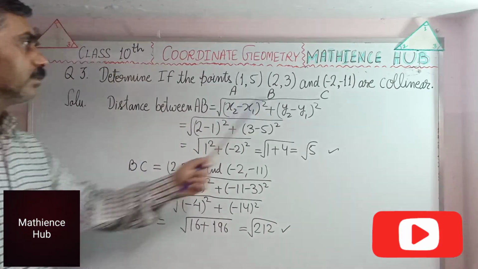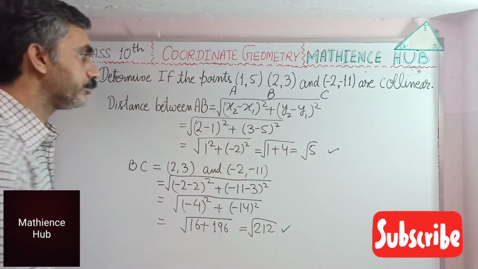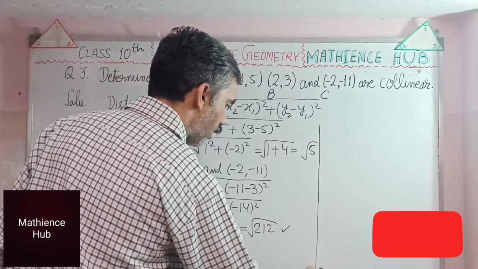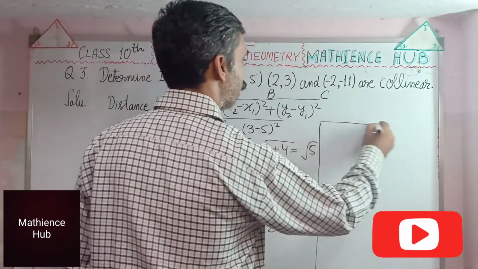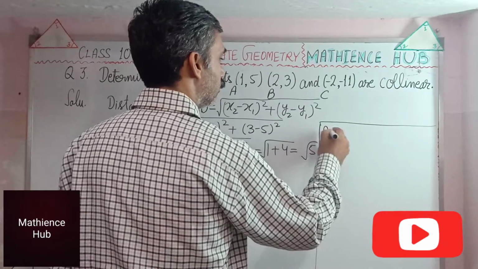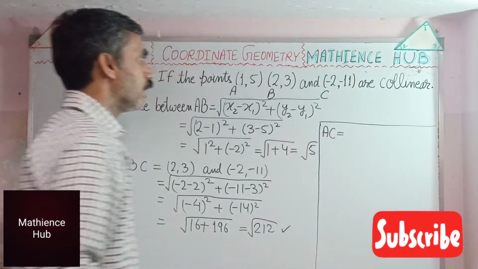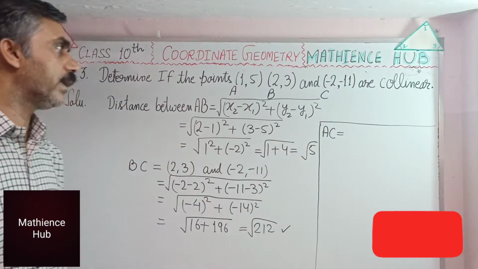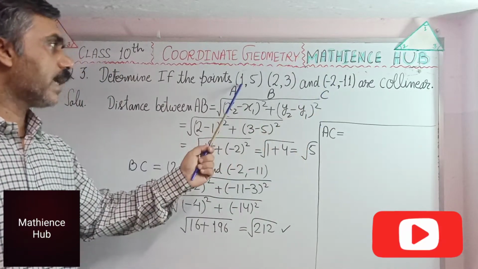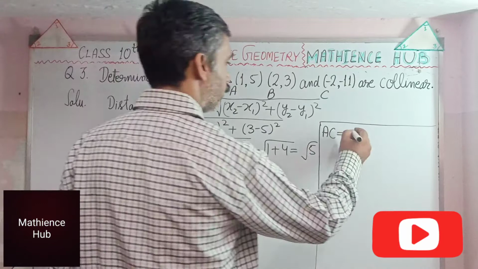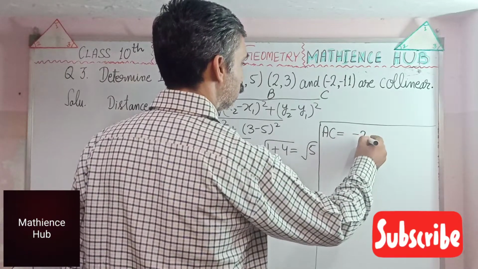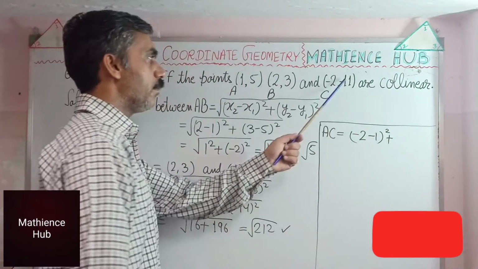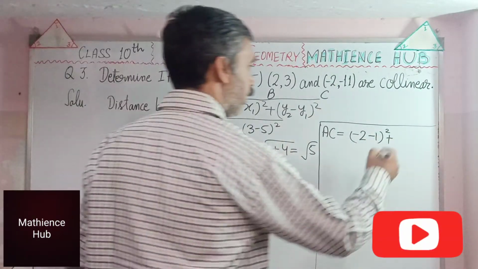And last, CA. Distance between CA or AC. A is (1, 5), C is (minus 2, minus 11). x2 minus x1: minus 2 minus 1, whole square, plus minus 11 minus 5.